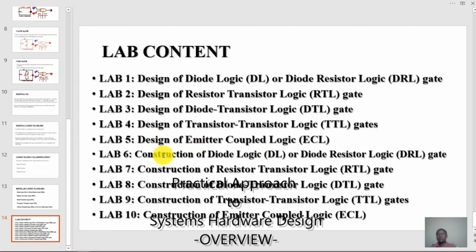In the construction aspect, we'll construct all these things we have designed. We'll design all of them on Proteus, and after designing them, we'll use our breadboard and Veroboard to construct all of them. We'll do the different gate types, whether OR gate, AND gate or NAND gate, as the case may be. So when we have covered this, that means we are done for the day.